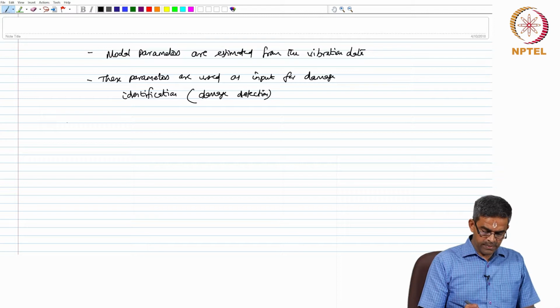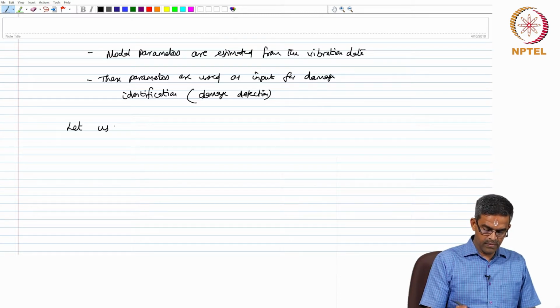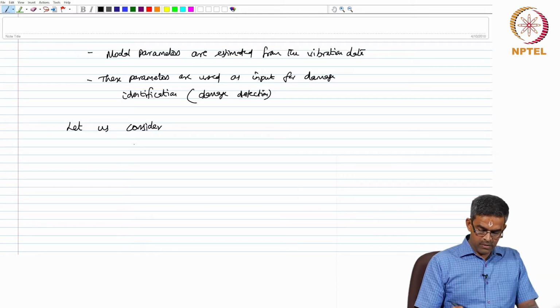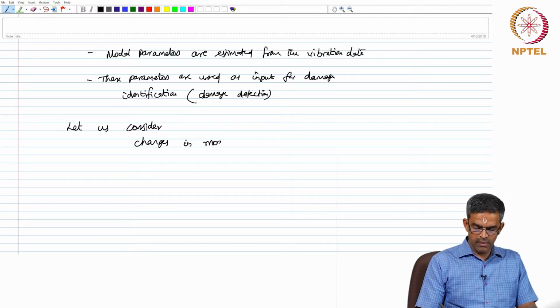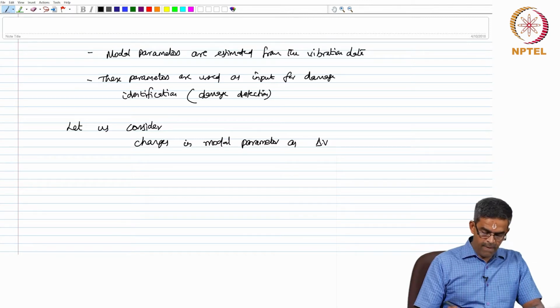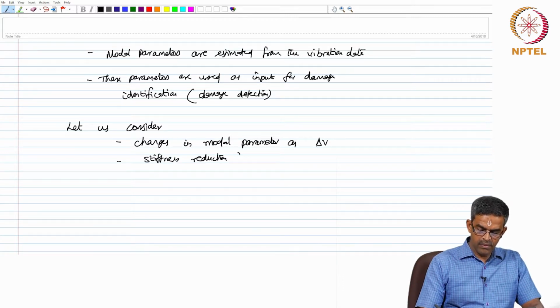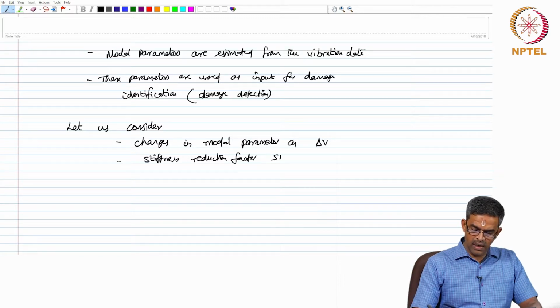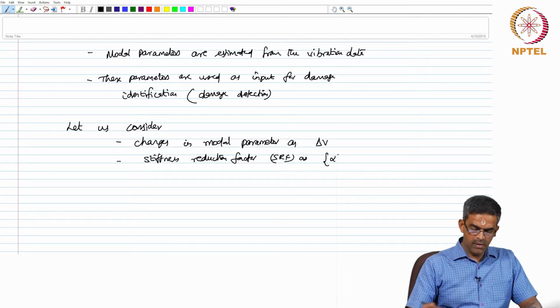Let us consider changes in modal parameter as delta V. Let us consider the stiffness reduction factor, that is SRF, as alpha vector.